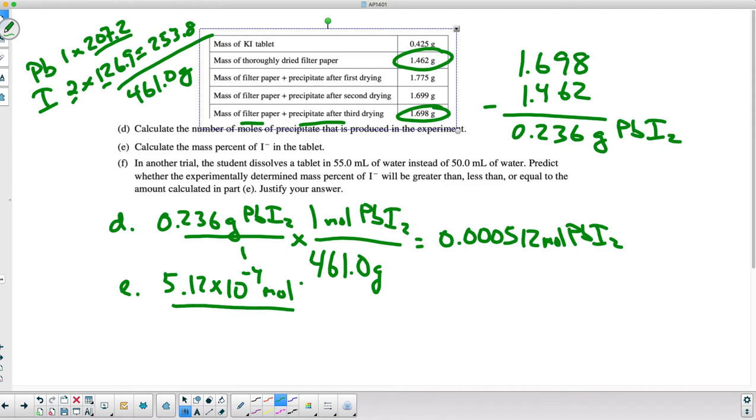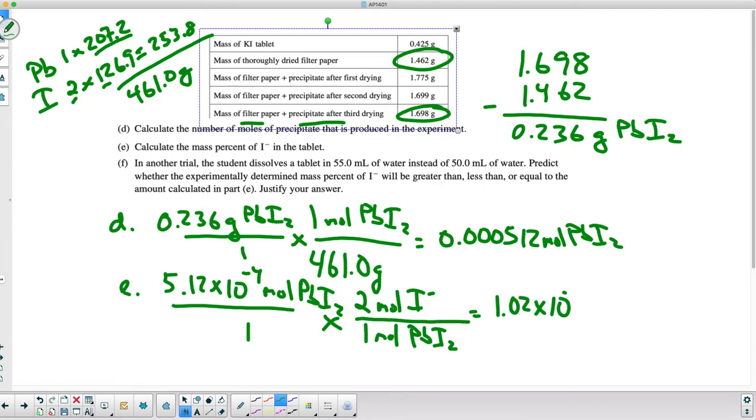That's for PbI2. And what I do then is I change that, because I have 2 moles of iodide for every 1 mole of PbI2. So that means what I have then is 1.02 times 10 to the negative third. That's the number of moles of iodide.